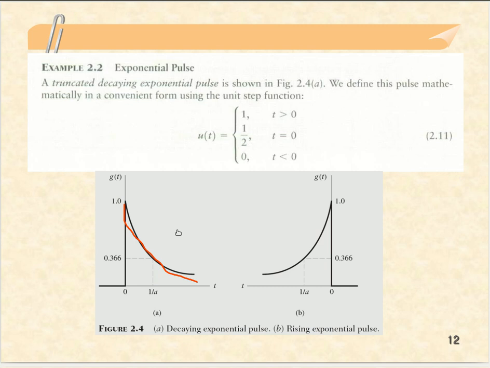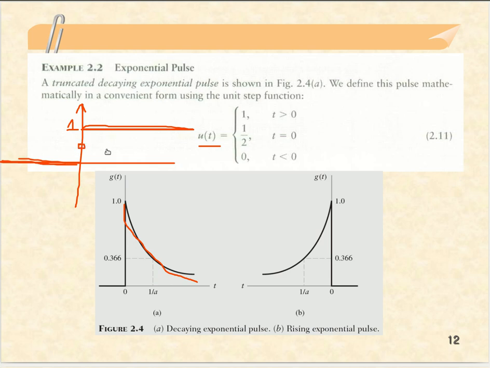So let's first define another function. u of t is 1 where t is higher than 0, and less than 0 it is 0. Here it is 0, and here it is 1. At 0 it is 1 over 2.